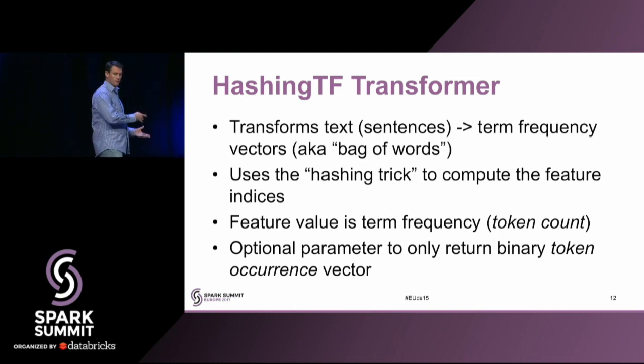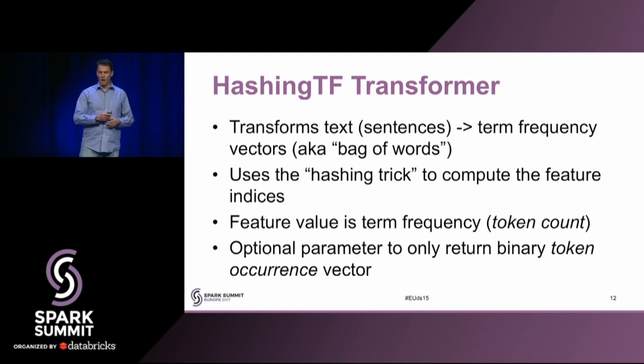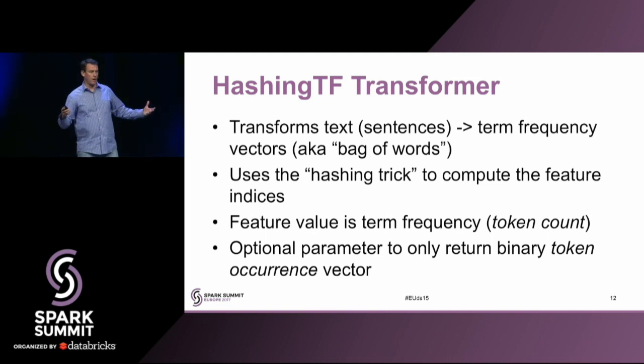It turns a document, basically a set of text, into a bag of words vector, similarly to what we saw before. But instead of computing a full vocabulary and doing an exact mapping with an explicit feature to index mapping, it uses the hashing trick that we've just discussed to compute the feature indices and reduce the dimension.